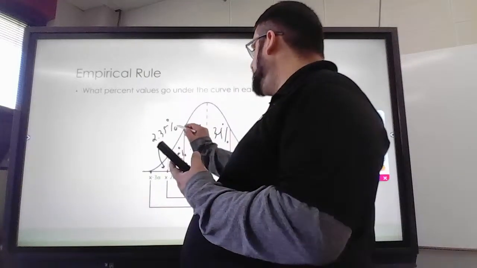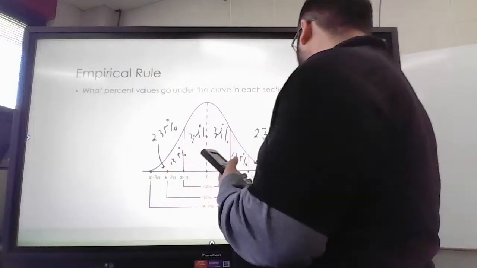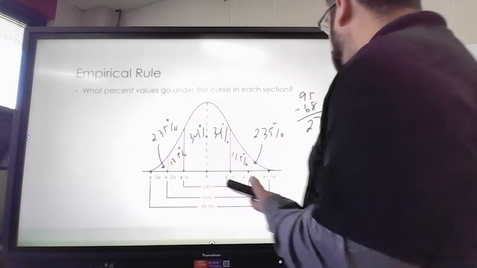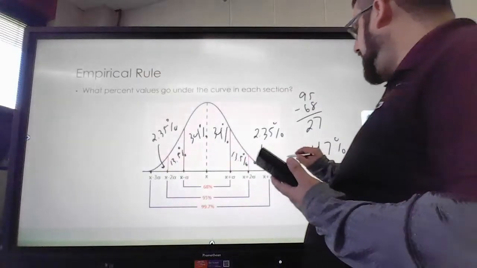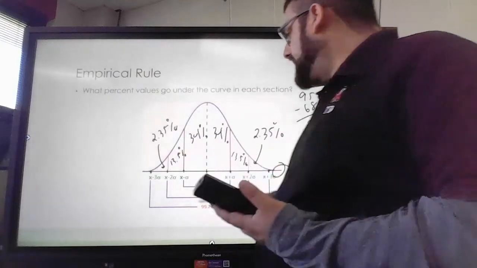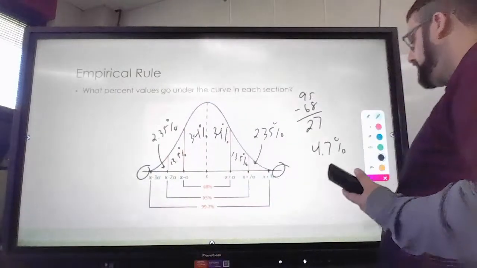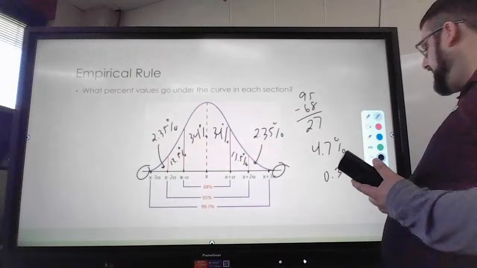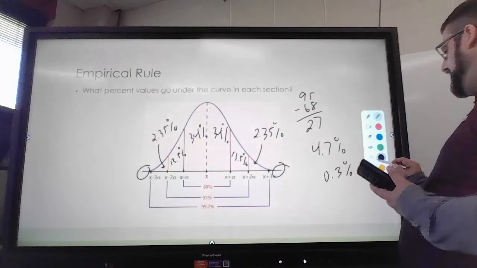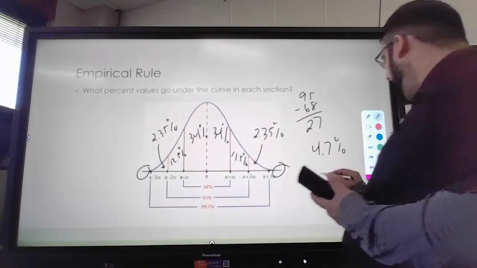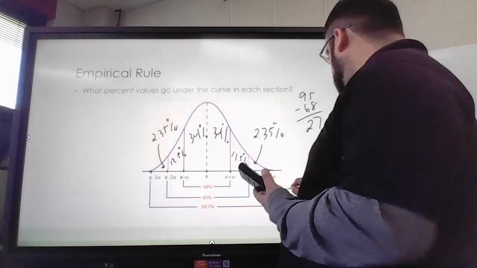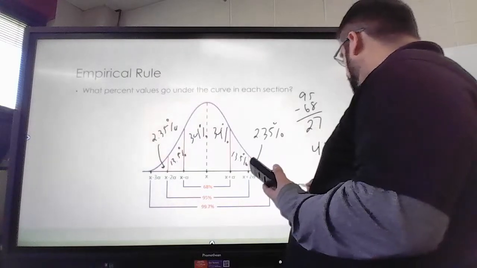Well, 99.7% is pretty much everything under the curve within 3 standard deviations. So that means that both this area and this area account for 0.3% of the rest of the data, which means each side accounts for 0.15%.